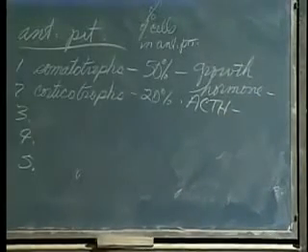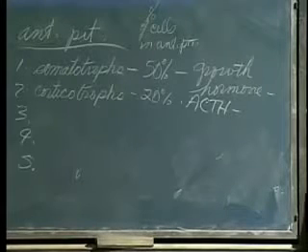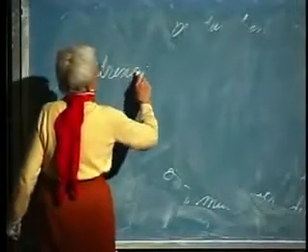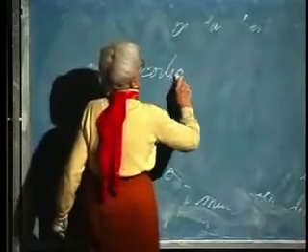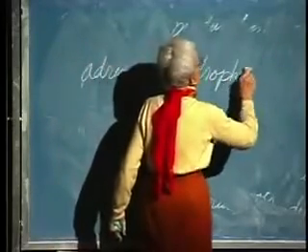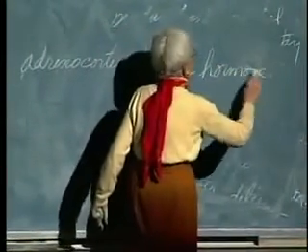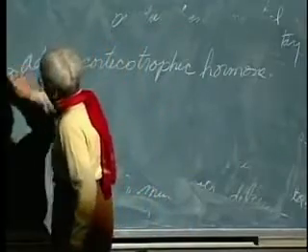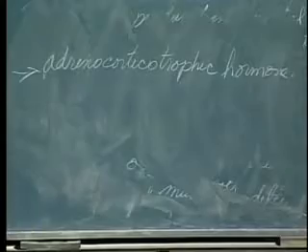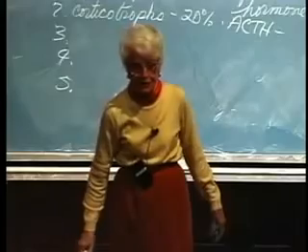ACTH stands for adrenocorticotrophic hormone. So where does ACTH act? So what's one hormone that it would liberate? Cortisol, aldosterone. We just listed them.